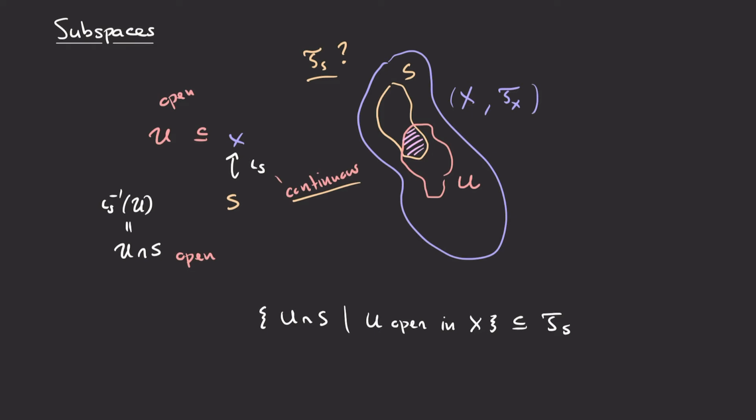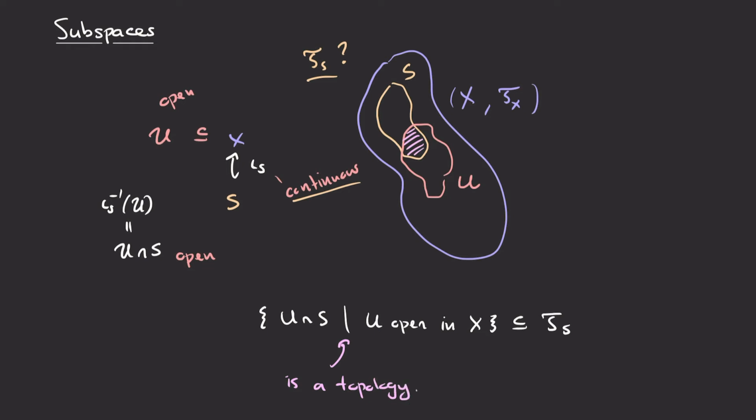So we know that we at least need to include sets of this form into tau S, and the question is whether we need to include any more in order to make tau S into a topology. Now, as it turns out, if you consider this collection of subsets, namely the intersection with S of all open sets in X, this is already a topology.